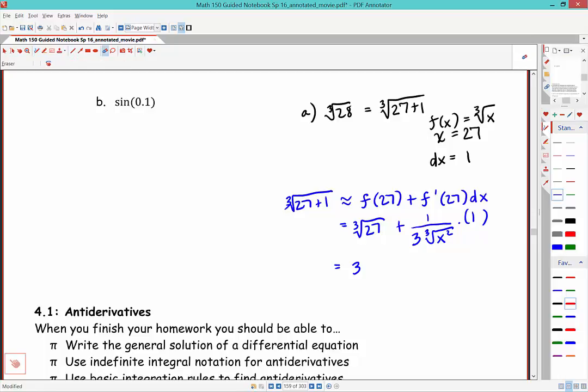Oh, sorry. f prime at 27 would be 1 over 3 times the cube root of 27, and then we would square that result.